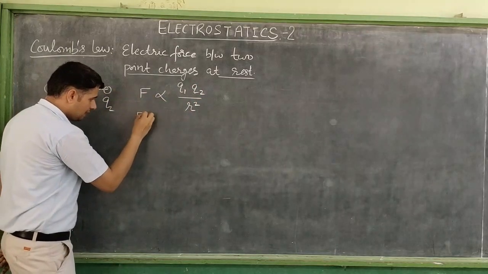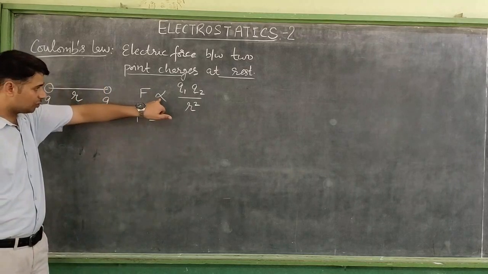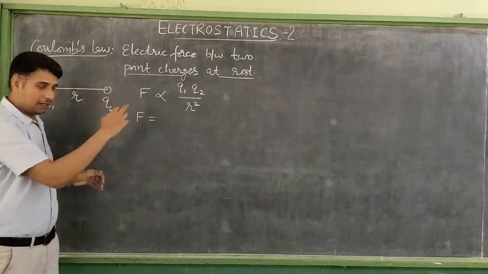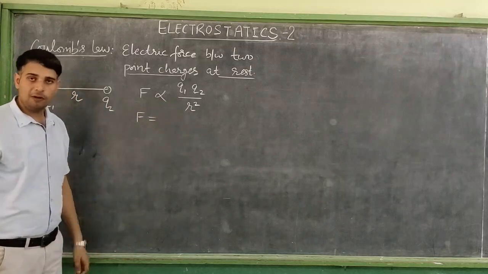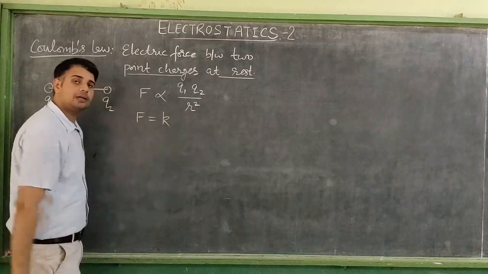Since this is a proportionality, we have to make it an exact equation. We remove the proportionality sign by an appropriate constant of proportionality. I have taken small k.